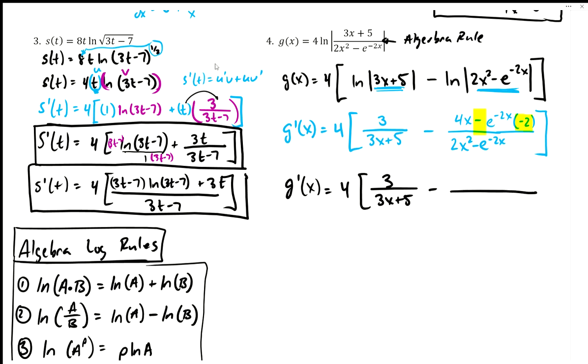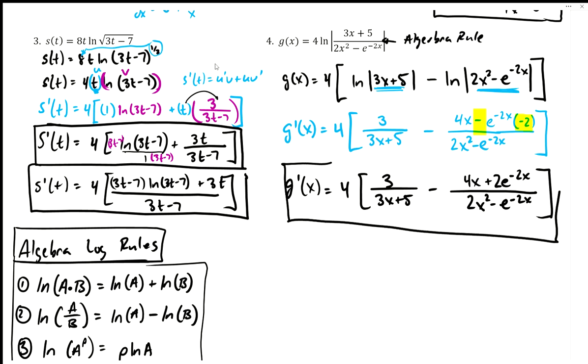Okay, so big fraction bar, still 4x, but then plus 2 e to the negative 2x, all over 2x squared minus e to the negative 2x, like that. Okay, and then this again, maybe they want you to get a common denominator, but I don't think so. It's pretty nasty already. I think that would be easier to just use right there.